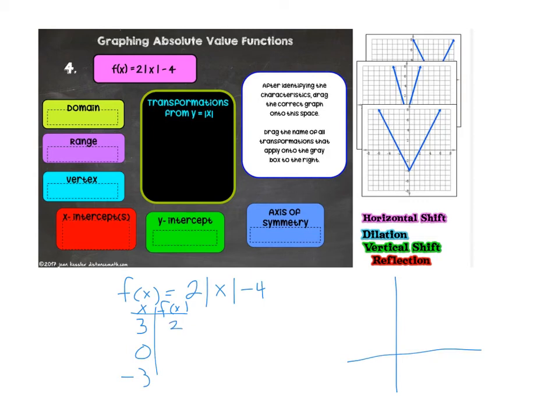Then 0. 2 times 0 is 0. 0 minus 4 is negative 4. And then negative 3 is going to be positive 3 times 2, which is 6. 6 minus 4, which is 2. So now if we graph this, we'd have 3, 2. 3, 2 would be right there. Our vertex is at 0, negative 4. So about right there. And then negative 3, 2.